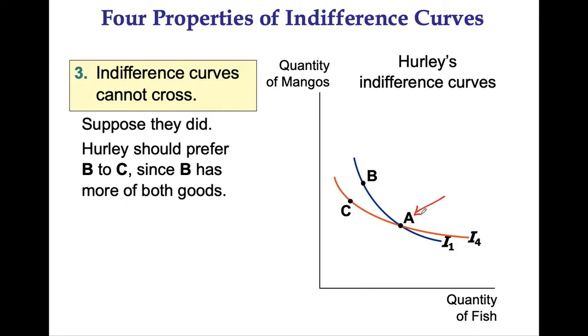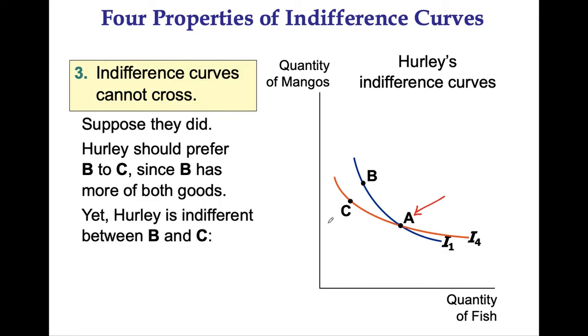So Harley should prefer B to C, since B has more of both goods, and B is on a higher indifference curve than C. Yet, Harley is indifferent between B and C. Why?